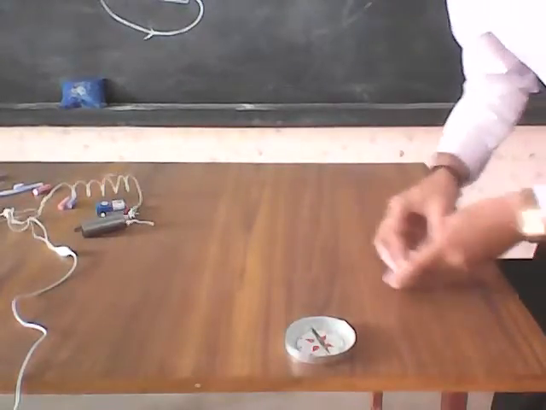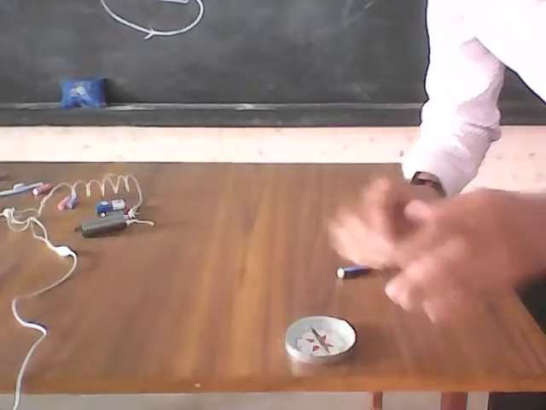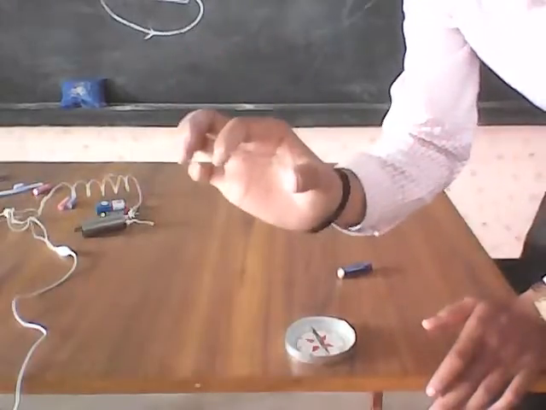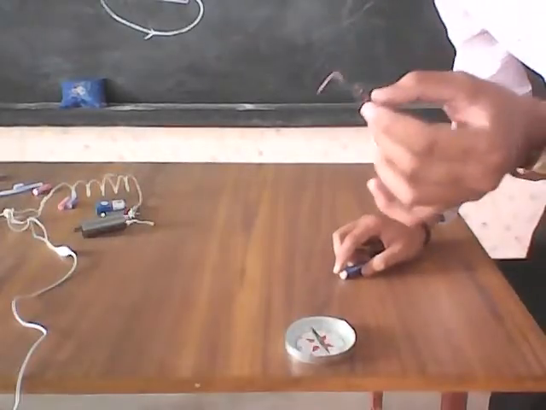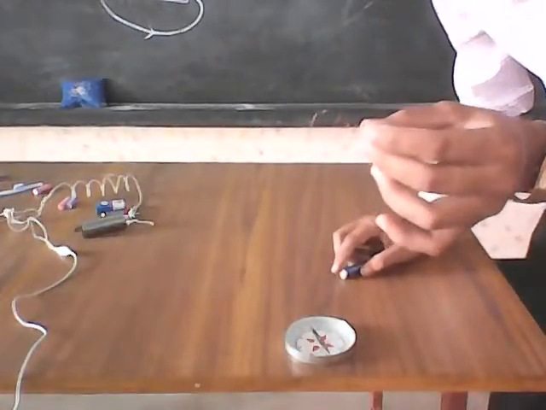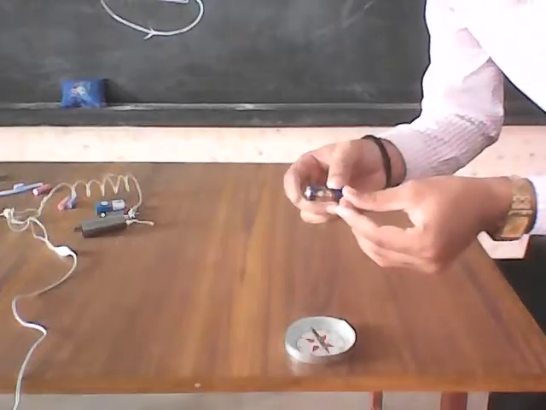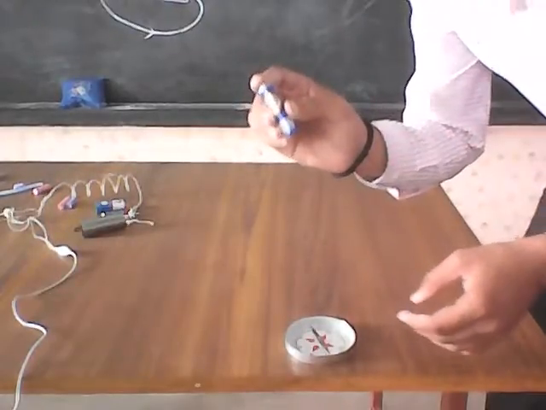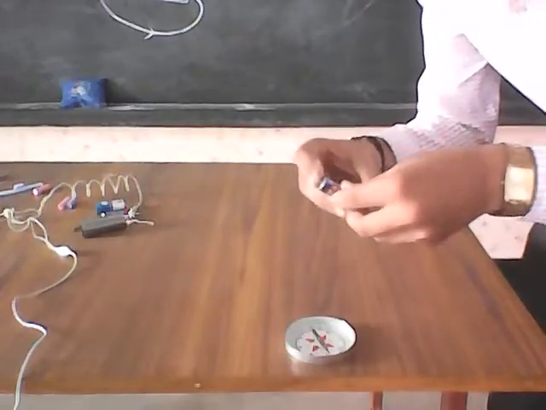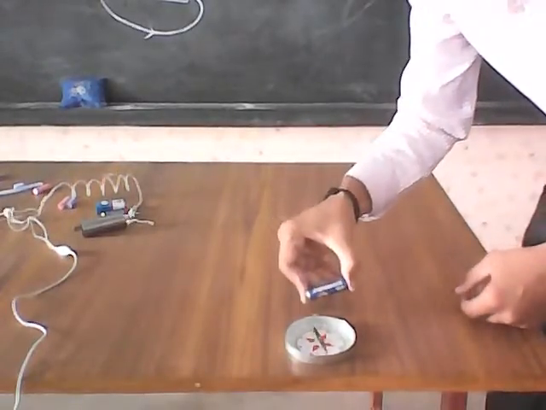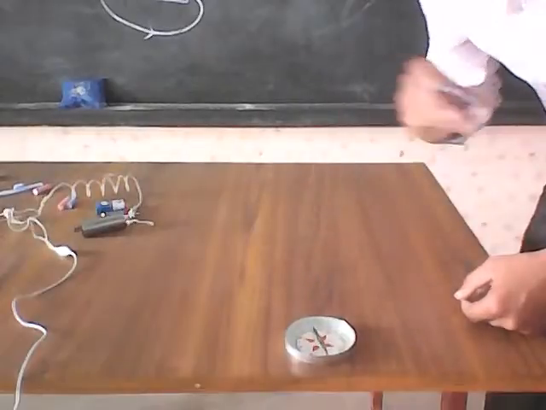Very good. Now see, this is a solenoid, right? Now see, it is producing the magnetic effect or not, right? See, when I connect this coil, the solenoid exactly, with the cell, are you seeing the deflection?